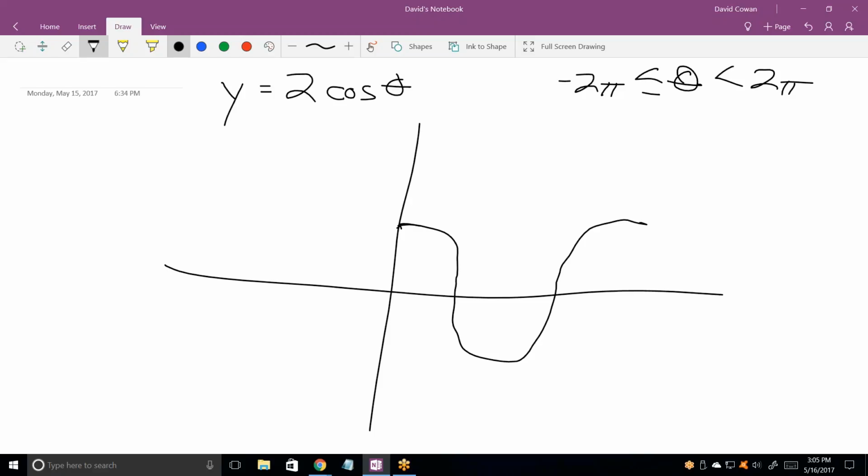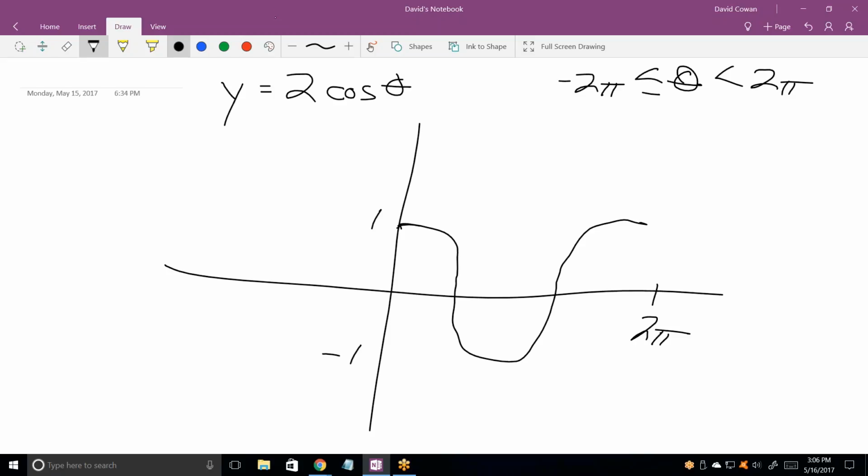That normally would go from 0 to 2 pi, and that would be one cycle, and it would go from 1 to minus 1. That's what y equals cosine of theta would look like from 0 to 2 pi.